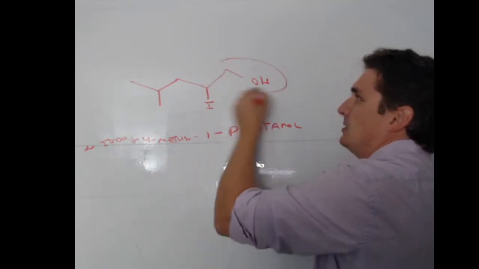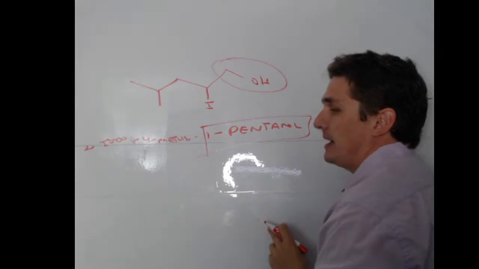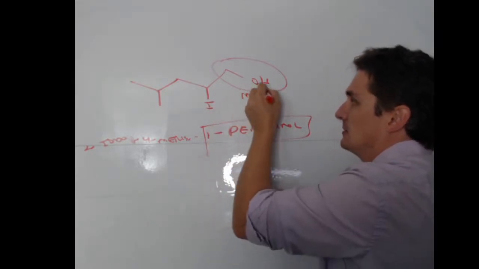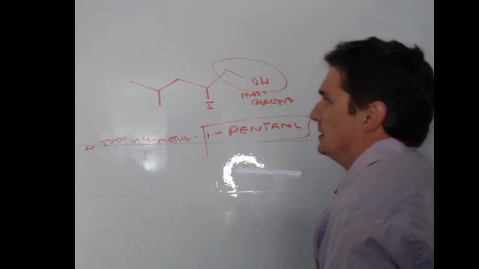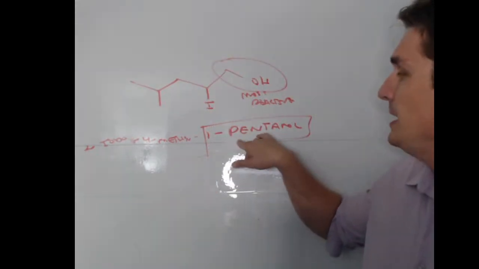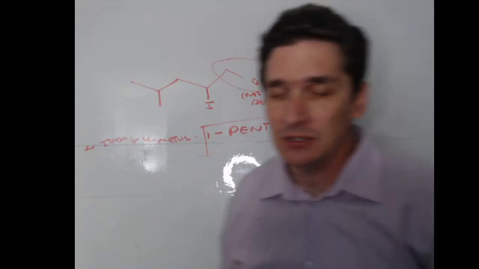Now again, the alcohol is always given the priority in the naming over alkanes and alkyl halides. The reason being is that this is the most reactive. So in terms of chemistry, this is why we name them pentanol, to indicate that the alcohol is the most reactive functional group.